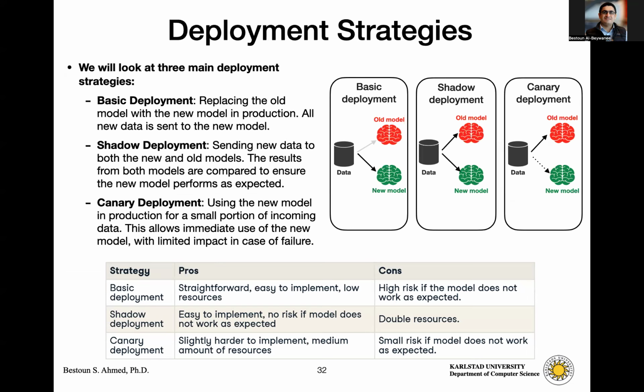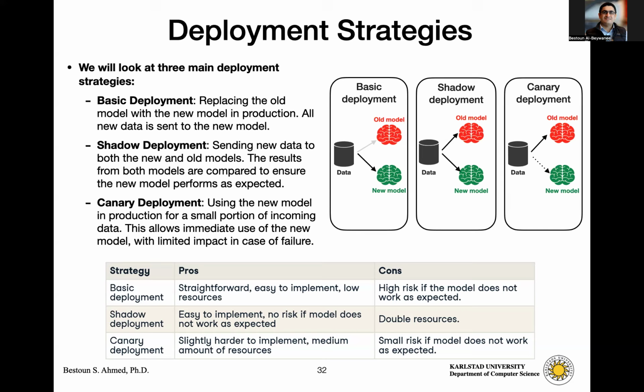Now, if you have the model and you want to deploy it, it's a matter of a lot of decisions. It's not like you simply plug in and out. So there are different strategies, of course, but there are three main strategies, let's say. The first strategy is the simple strategy, which is a basic deployment.